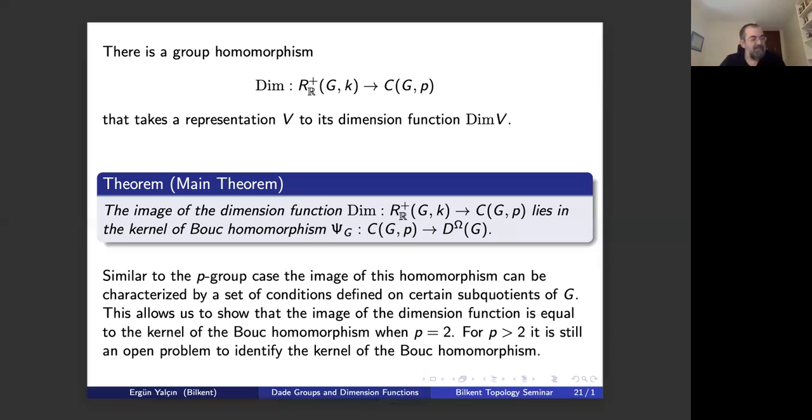Now those actions we constructed, first of all, they had isotropy on certain P subgroups. I didn't think about this. So their dimension function wasn't real.